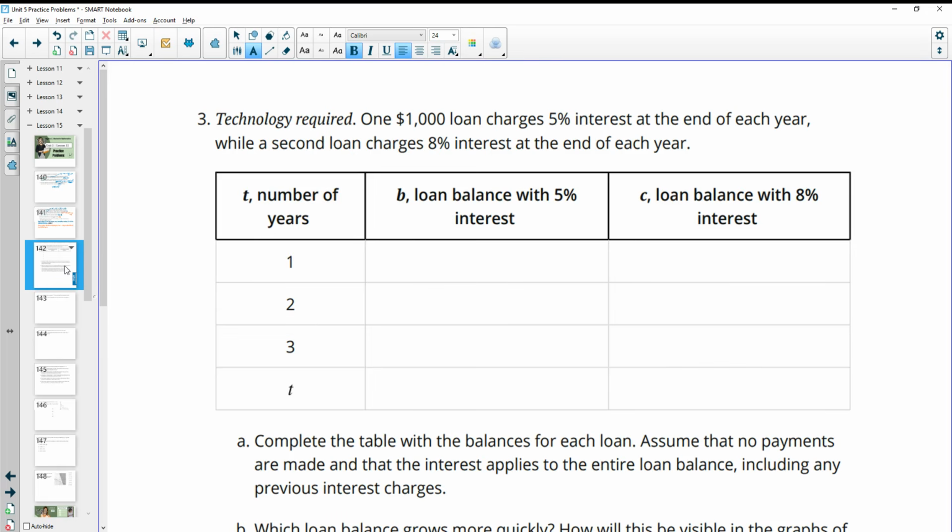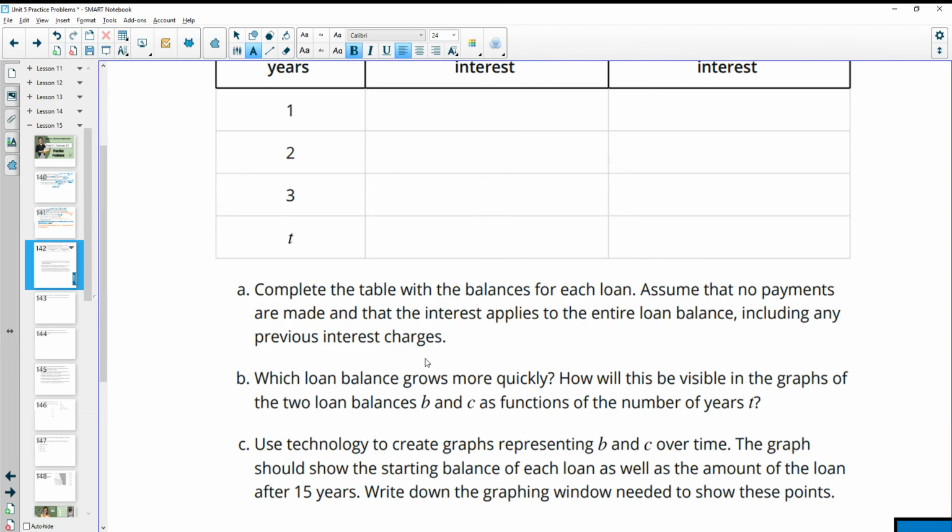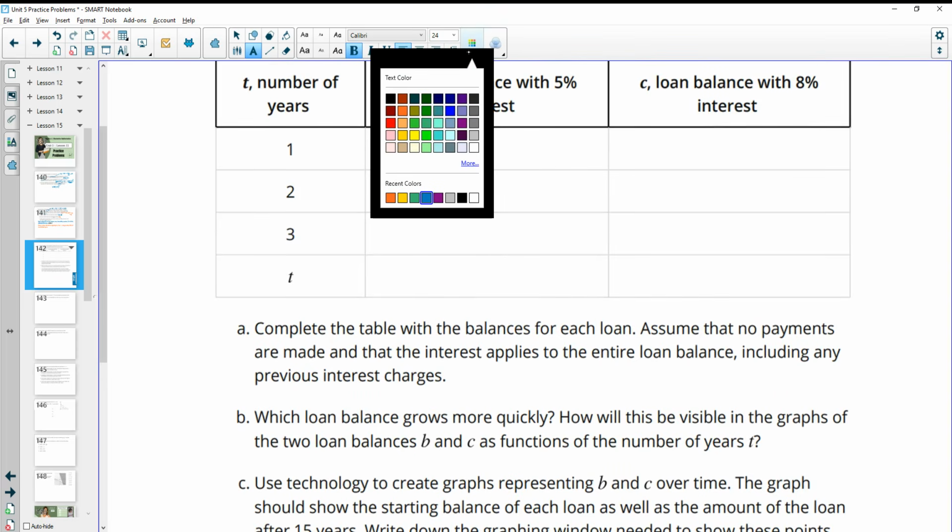Number 3, a $1,000 loan charges 5% interest at the end of a year, while a second loan charges 8% interest at the end of the year. So part A wants us to complete the table with the balances for each loan.